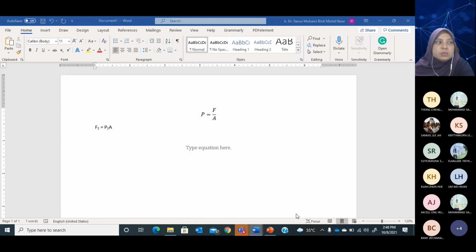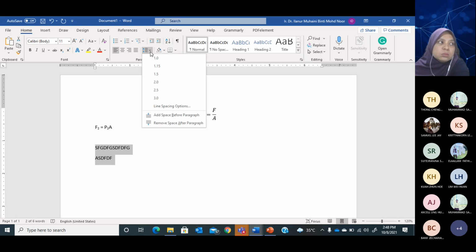I hope you know spacing also. Many people don't know. After you type, then enter, type. So this one, go to here. Choose 1.5. Don't choose 1.15 or 1.